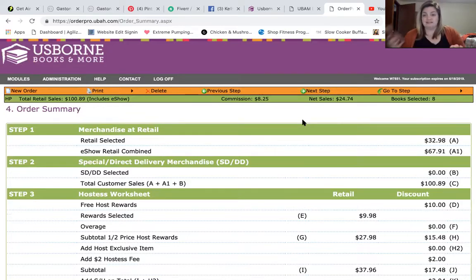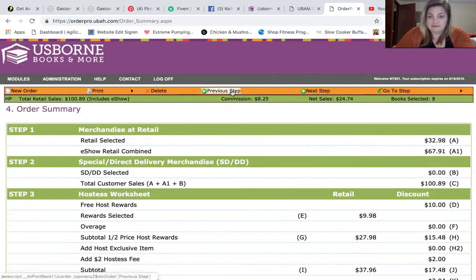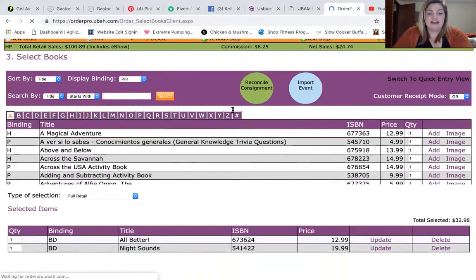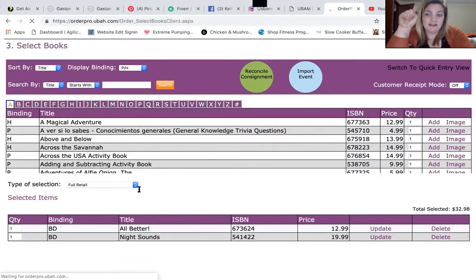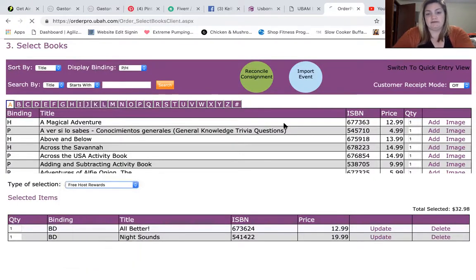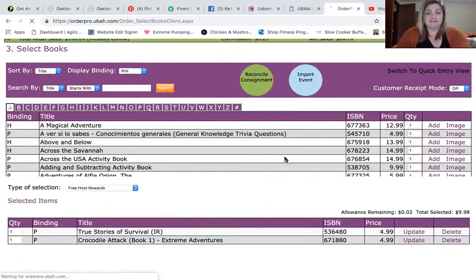So the way that I calculate, I have my calculator here. The way I calculate this is I go back to the previous step, and then I look at 3 categories. I look at free, half price, and party bonus books, because these are all the books they're getting that they're not paying full retail for, so it's involved with the rewards, right? So I'm going to click free, and I do this every single time I do all these clicks.